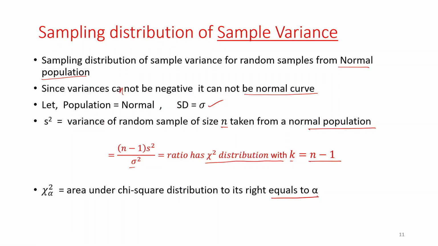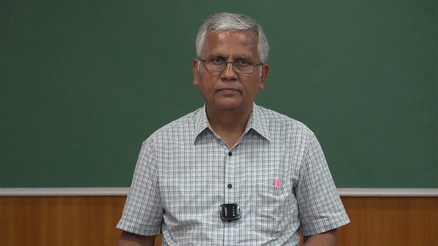That we have already discussed earlier while discussing the chi-square distribution. So the ratio of variance s squared by sigma squared, multiplied by n-1, follows the chi-square distribution. That gives us a way to compare whether there is a change in the variability or not.